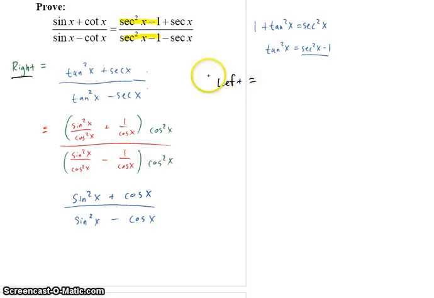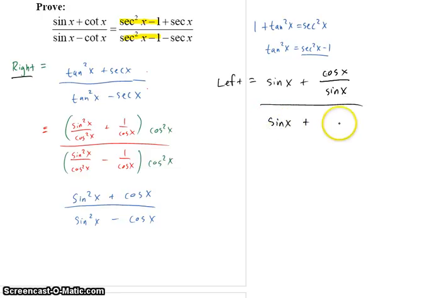Okay, so the left side is sine x plus cotangent x over sine x minus cotangent x. The obvious thing to do is to change everything to sine and cosine. So cotangent of x is equal to cosine of x over sine of x. So I'm going to make this change. Oh, that should be a minus.